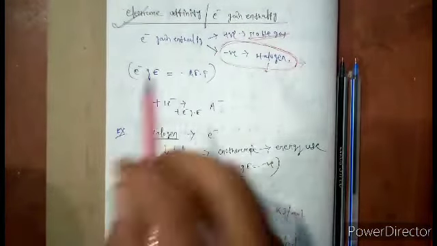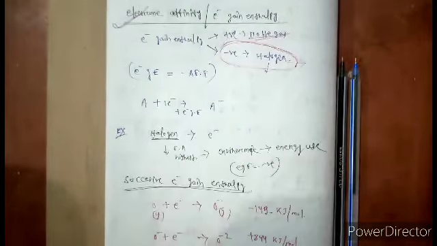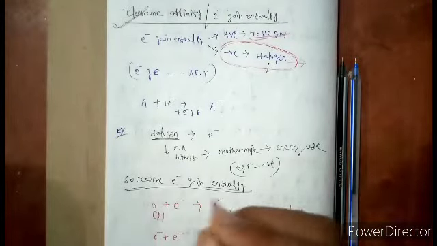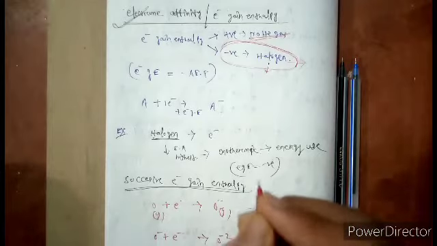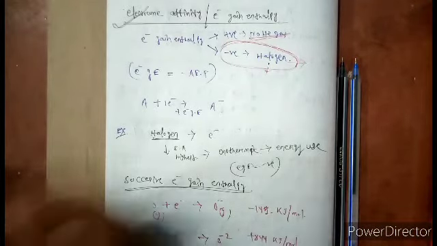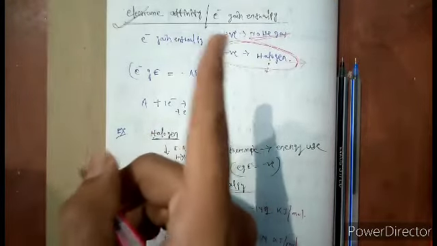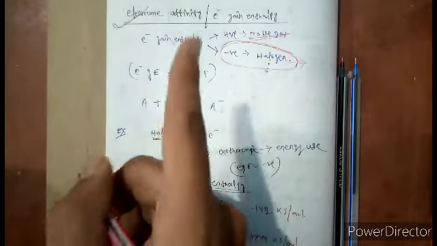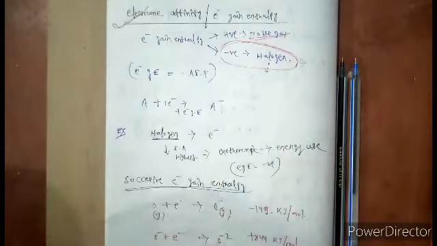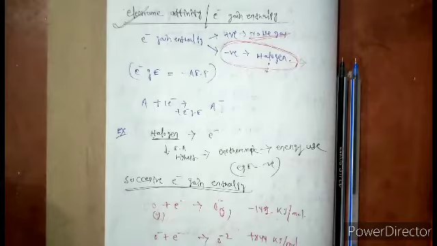Those which have more love for the electron are regarded as negative electron gain enthalpy.